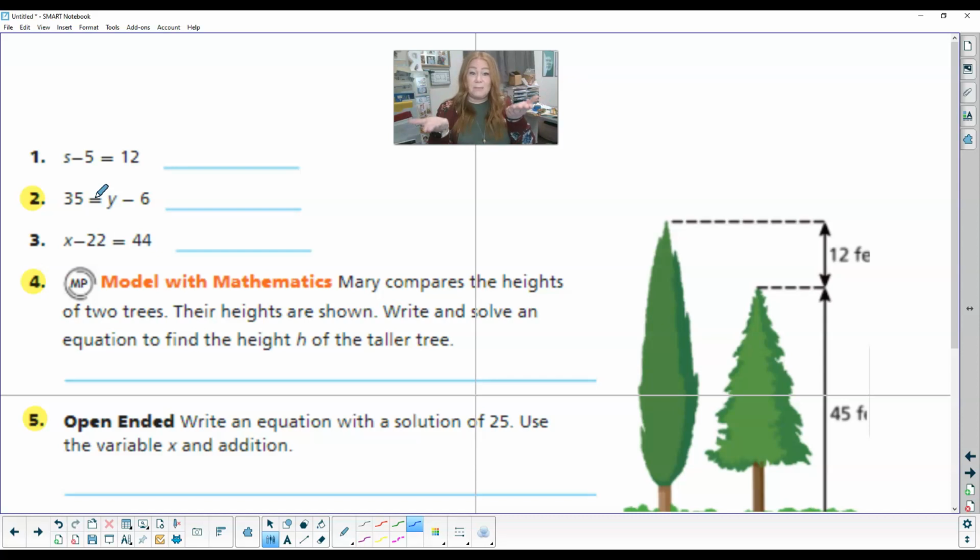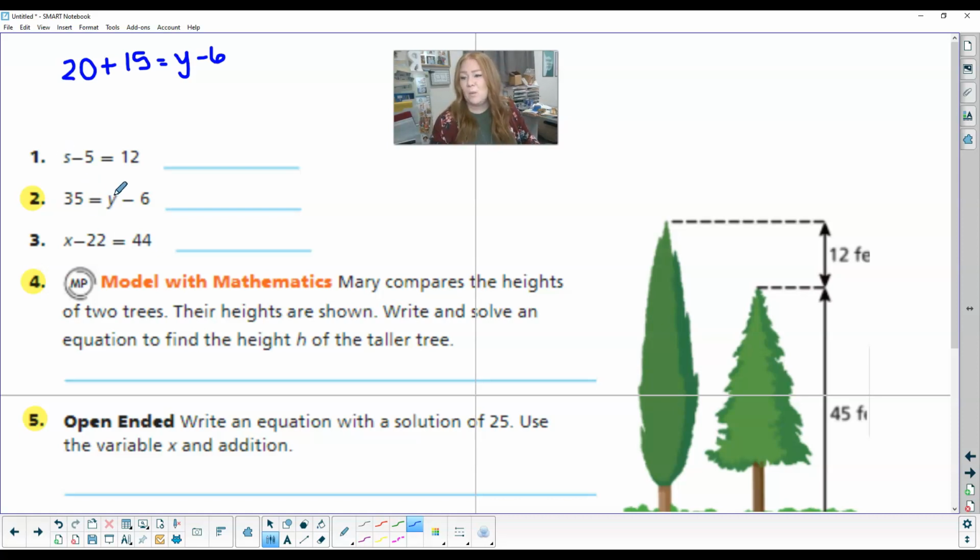This side and this side are balanced. So I really could even say like 20 plus 15 equals y minus 6. So it doesn't always just have to be one thing on that side of the equation. So they can flip. You can put the answer in the front or the back or whatever it is.